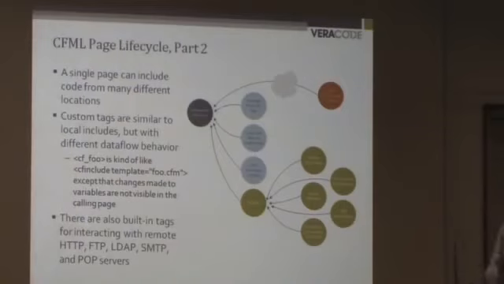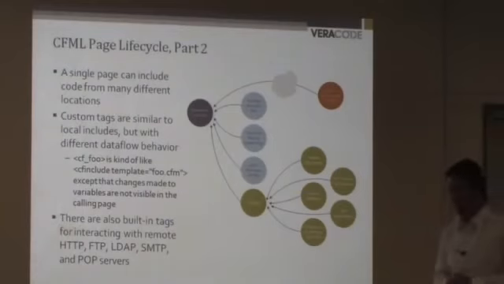But if you create a tag called cf_foo, then what it's going to implicitly do is a cfinclude template equals foo.cfm. Except that the behavior of whether or not the called page can influence variables in the calling page is different. And so there are little subtle differences in things that look the same, but if you're a code reviewer, you really need to understand what's happening there, because if the included page does something to the variables, you need to know what's going to happen after that page is finished processing.